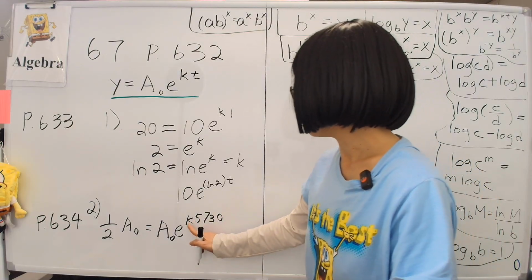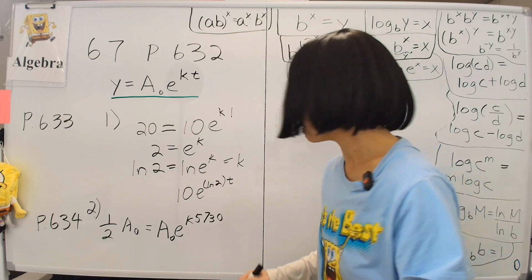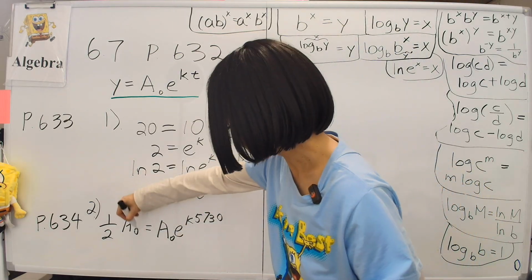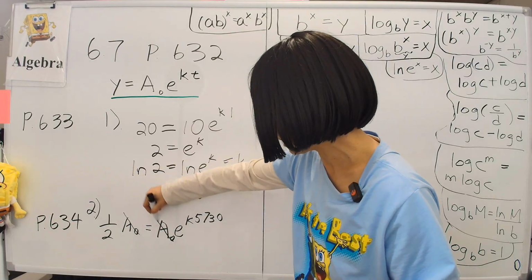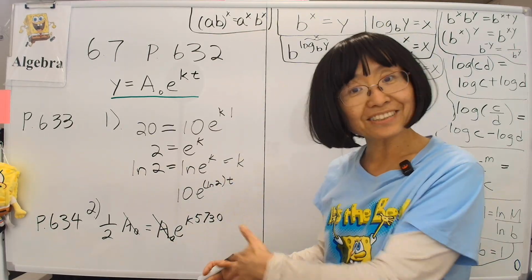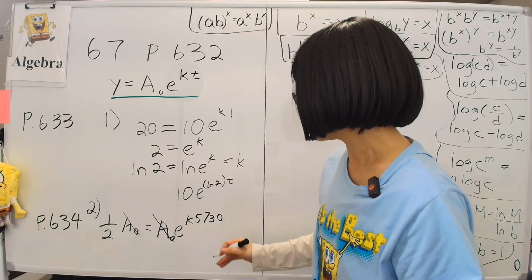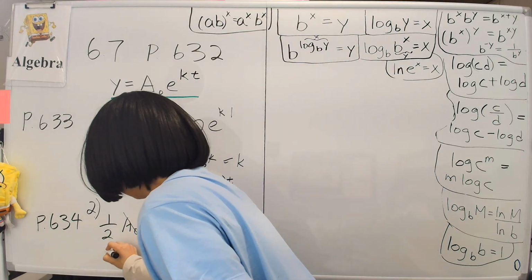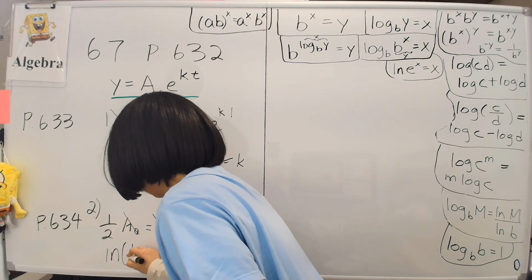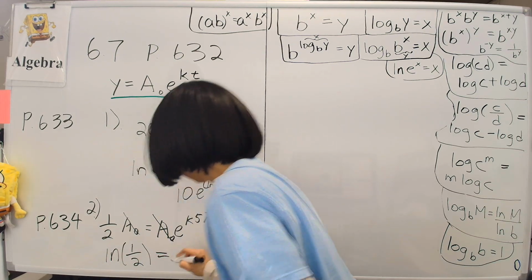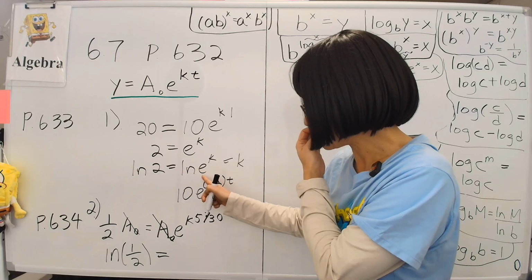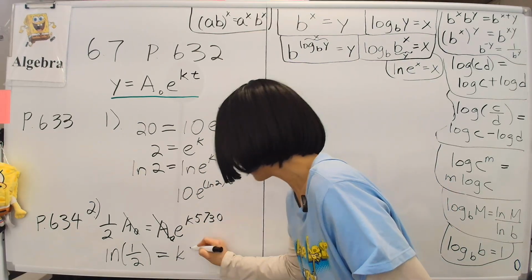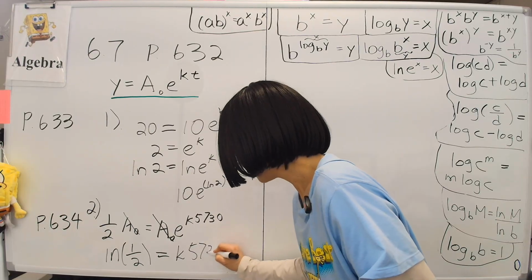So to solve for k, which is sort of the decay rate, we will do the same thing as we did here. Let's cancel A0 out because it conveniently can be easily canceled. Then, pulling the same trick, we'll write down natural log 1/2 is equal to... natural log and e cancel each other out, so we only have the thing on top left, the whole thing, over 5730.